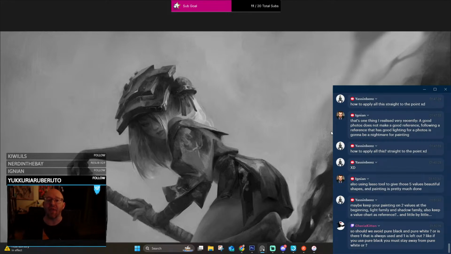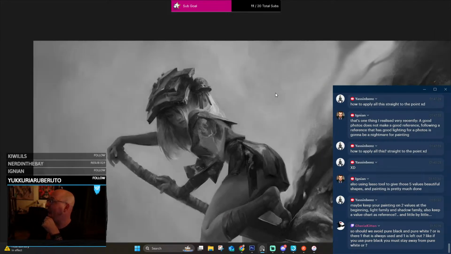They save that for the very final mark, because now you're getting a really engrossing picture, and then that one little highlight, just a little bit. But if you use black and white during the painting, there's nowhere to go. You can't get lighter, you can't get darker. You put yourself into a box, which sounds nice sometimes, but you want to give yourself some wiggle room. That's what makes for these nice painterly looks.